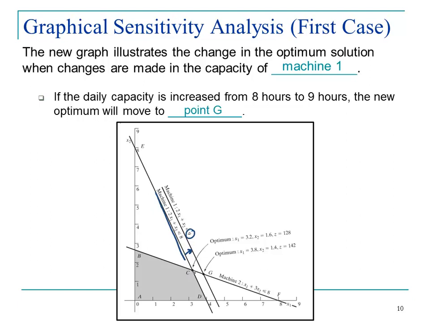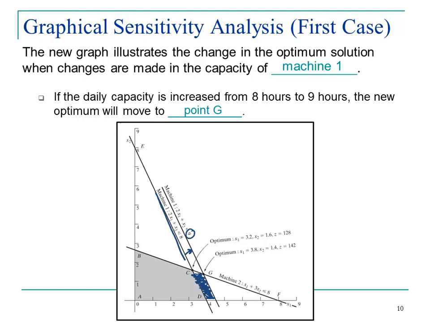So by adding that unit of hour to my first constraint, I'm adding that portion of the graph to my visible region.